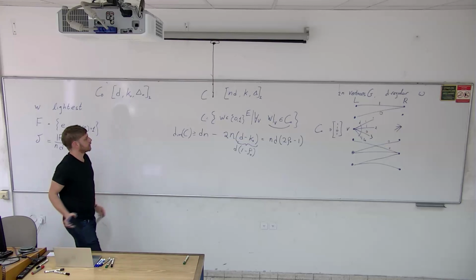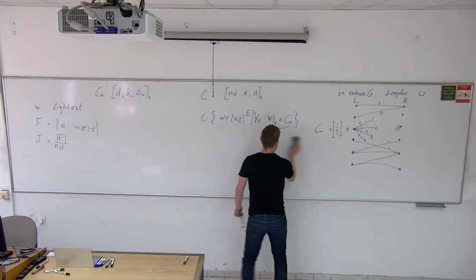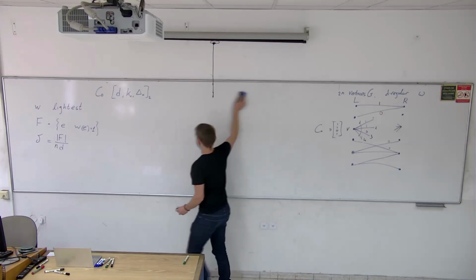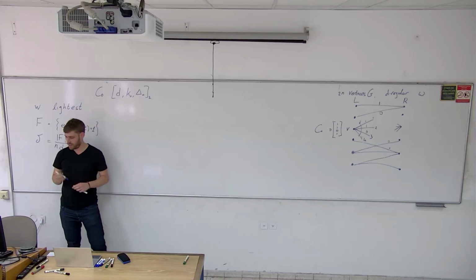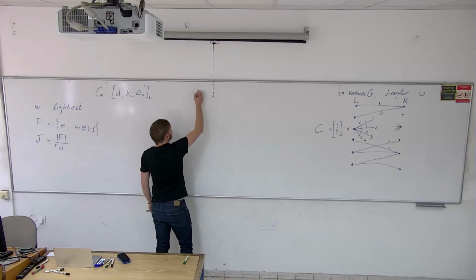Let us first state the expander mixing lemma for bipartite expanders. This is very similar to what you proved in the homework, and I want to talk about it for a minute.